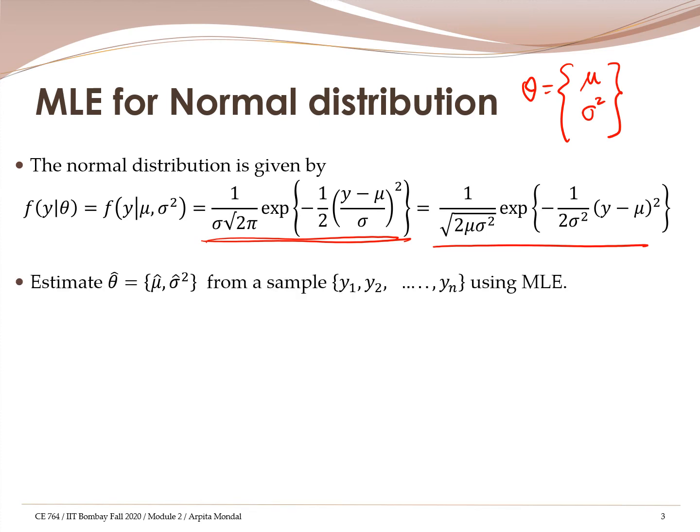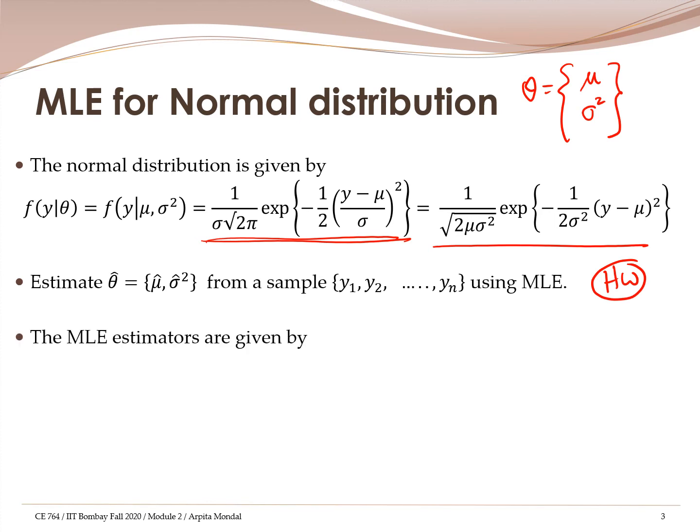So now, and this is a homework for you, you are to find out what is theta hat, which is mu hat and sigma square hat, from a given sample y1 to yn using the maximum likelihood estimation method.